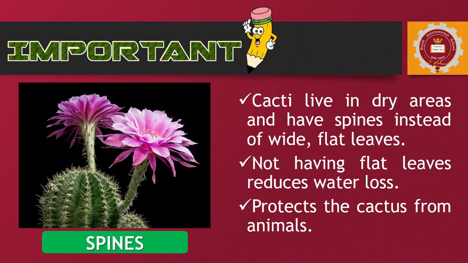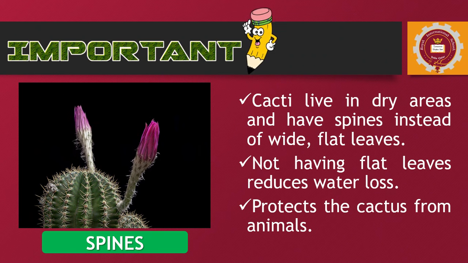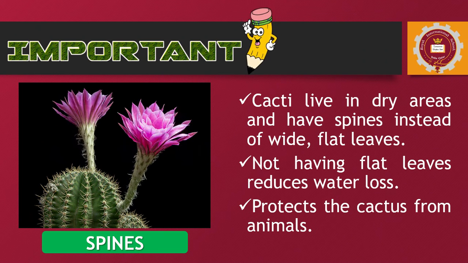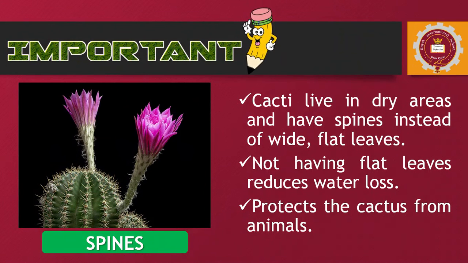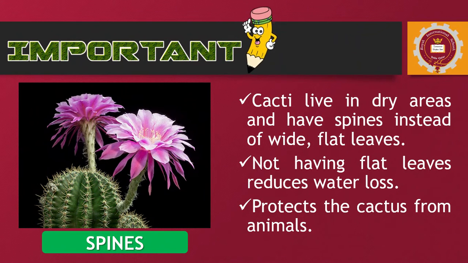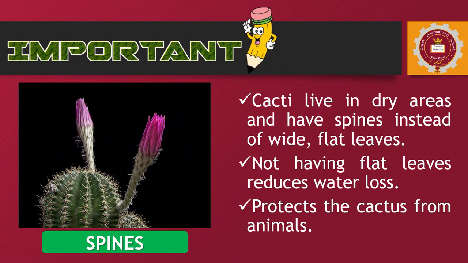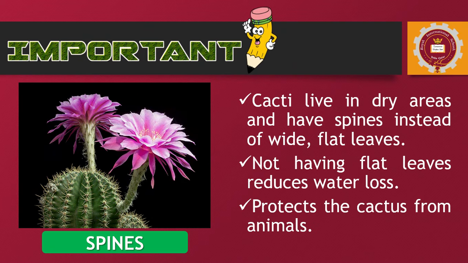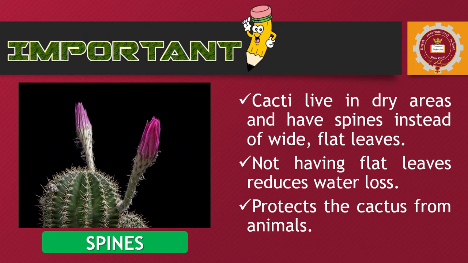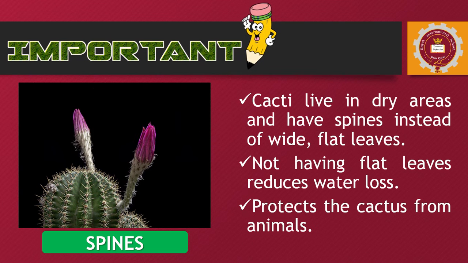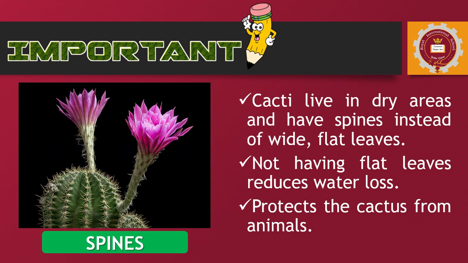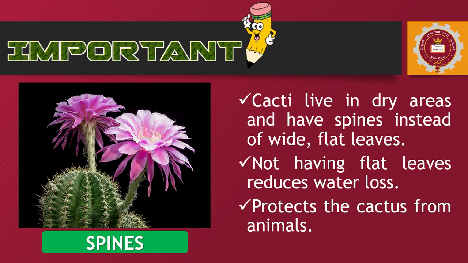Okay, so cactus, usually cacti or cactus, live in dry areas and have spines instead of wide flat leaves. So if you see a cactus tree, you will understand. Like in Qatar, there is actually a lot of cactus trees. Okay, so the cactus leaf, if you see, it will have lots of spines on it instead of flat leaves.